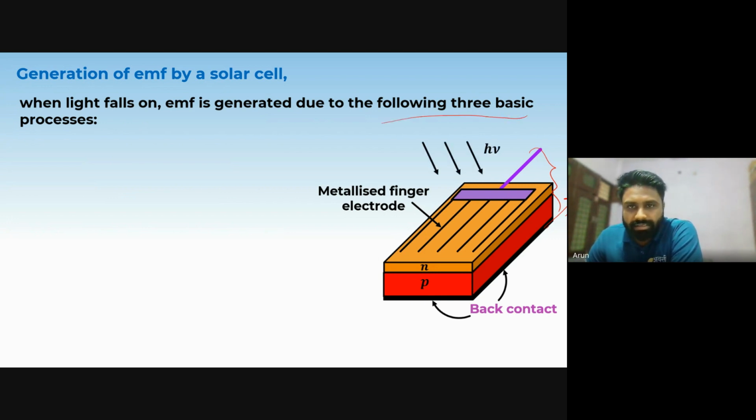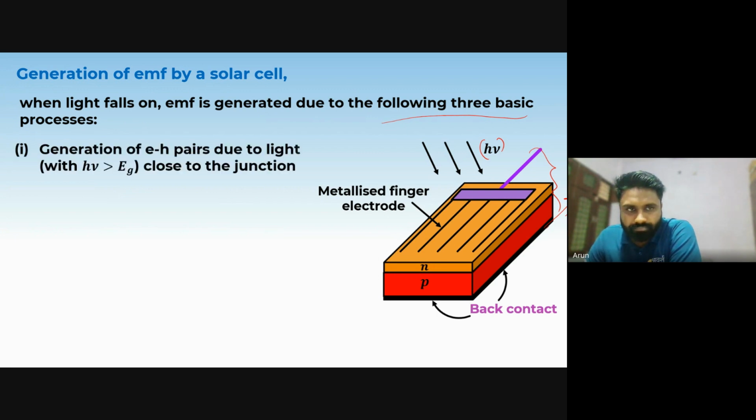Okay. So when light falls on it, EMF is generated due to the following three basic processes. First, the photon of a particular frequency, h nu, will fall. This will generate an electron-hole pair due to light absorption close to the junction, and that is why we have kept the n side width very low.